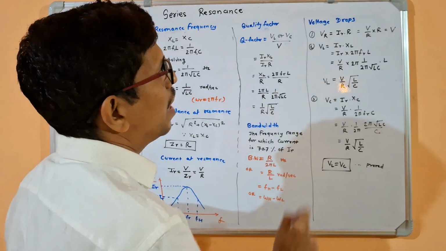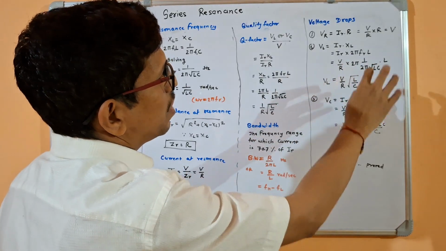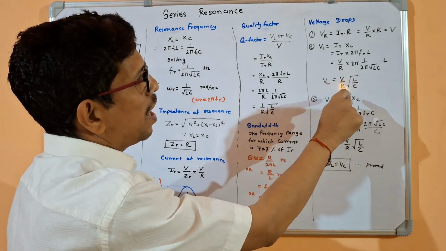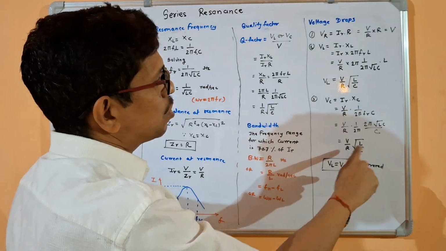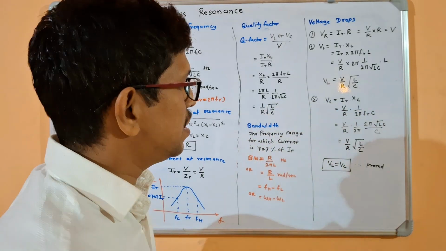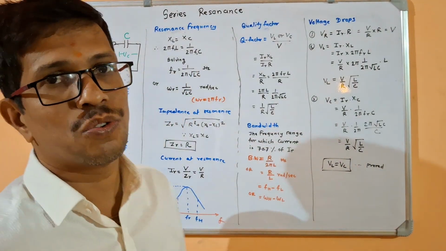V by R. And what is FR? 1 upon 2 pi under root LC. So if I rearrange the terms, I will get VL is equal to V by R under root of L by C. Similarly, VC also we will get V by R under root L by C. So that is all about series resonance.